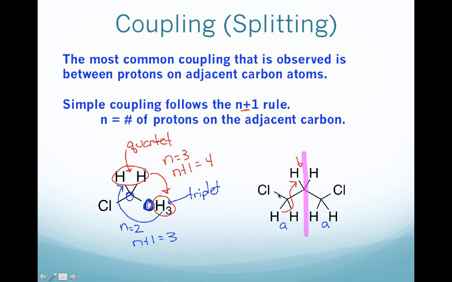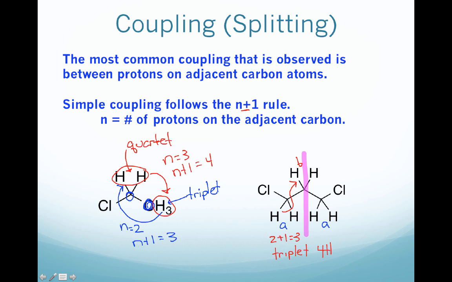There's 2 protons here. So with n+1, 2+1 gives us 3, or a triplet. Since that triplet corresponds to a total of 4 protons, its integration will be for 4.